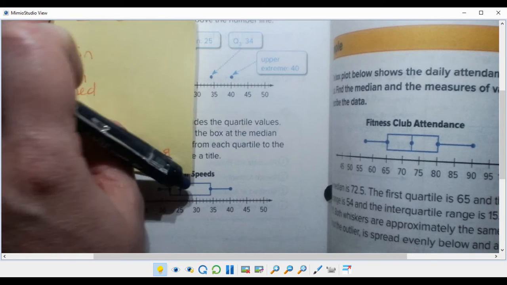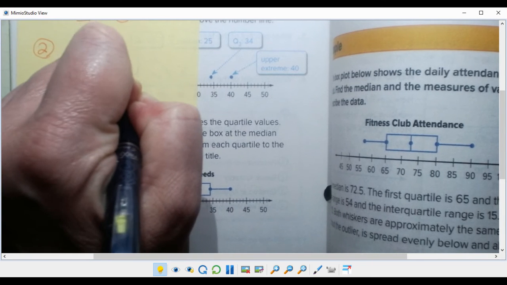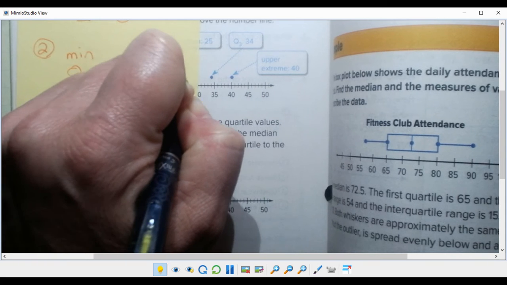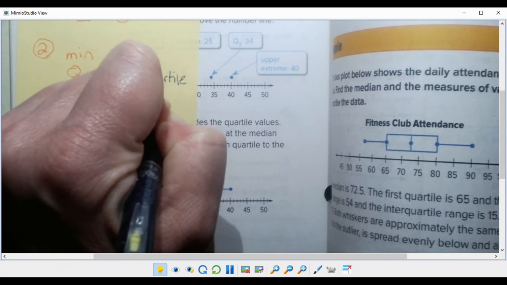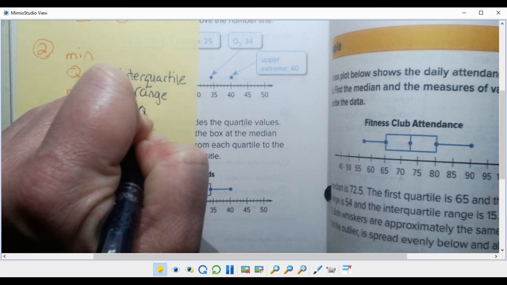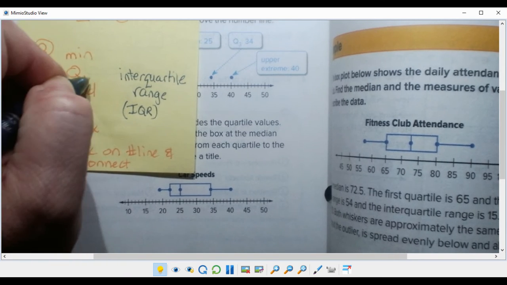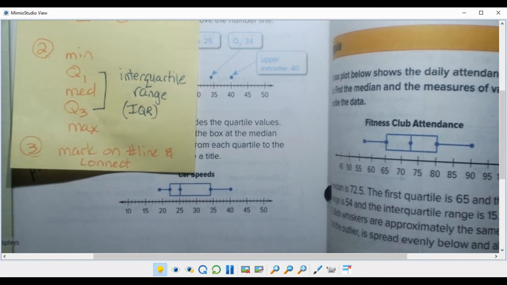One other thing that we didn't talk about yesterday is something called the interquartile range, sometimes known as the IQR, because interquartile range is a lot to spit out. To find the interquartile range, or the IQR, you subtract Q3 and Q1.